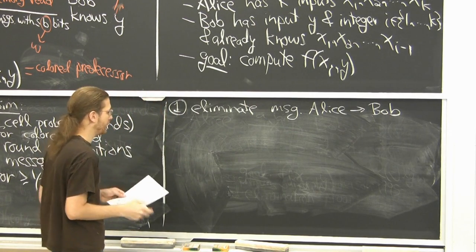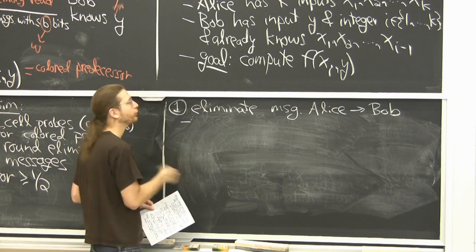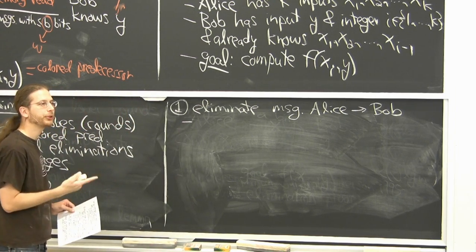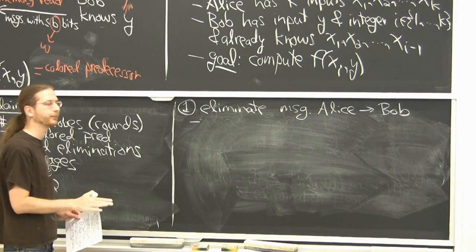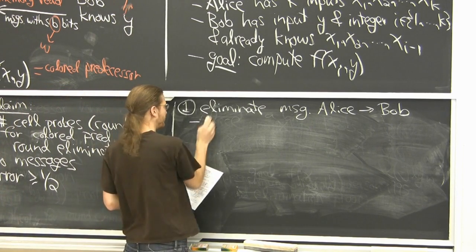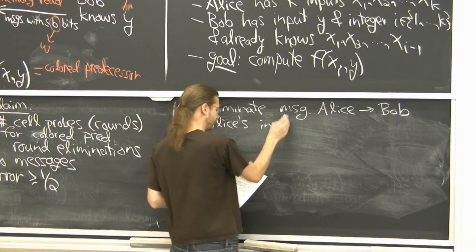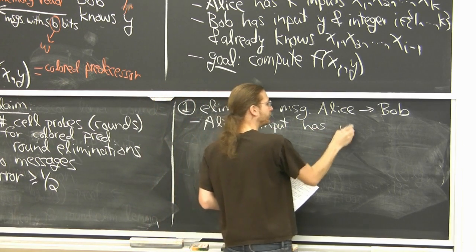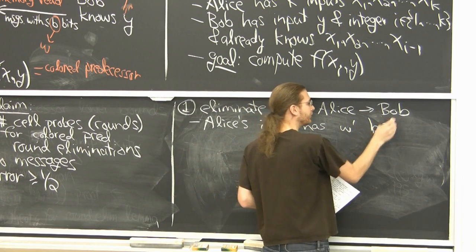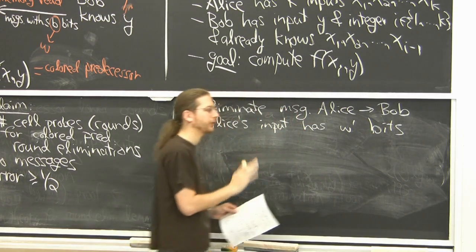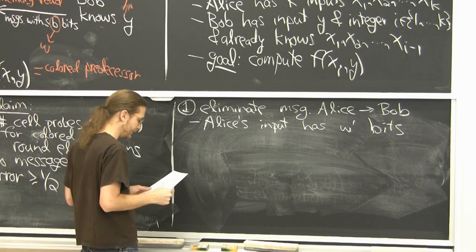Now as we eliminate things, W and N are going to decrease. So I'm going to suppose at this point Alice's input has W prime bits left. Initially W prime is W, but I want to do the generic case so I don't have to repeat anything.